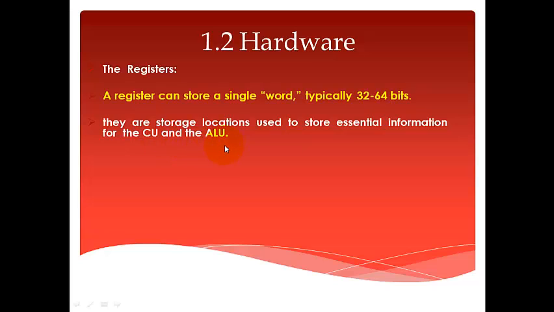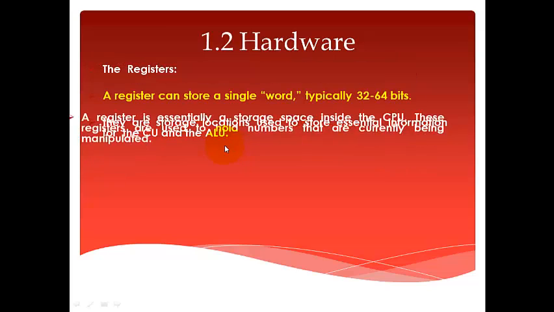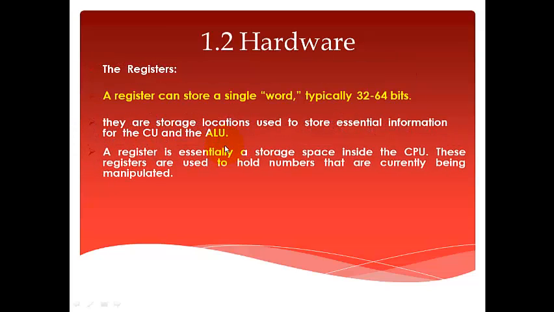That is, during the calculation, the control unit and the arithmetic and logical unit need buffer memory to store their intermediate values. A register is essentially a storage place inside the CPU. The register is used to hold numbers that are currently being manipulated.